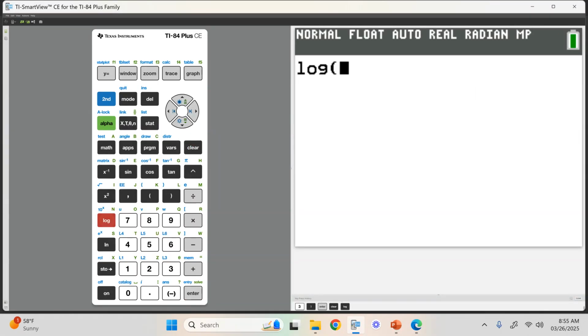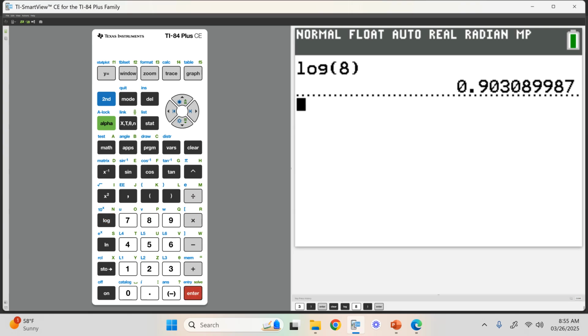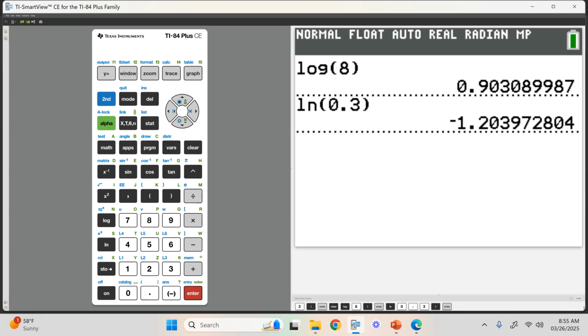Okay, so log 8, this was our first one. There's that 0.903. The one we're doing right now, the natural log of 0.3. Natural log is right here next to the 4. 0.3. I'm going to close my parentheses and push enter. Now, does it matter?